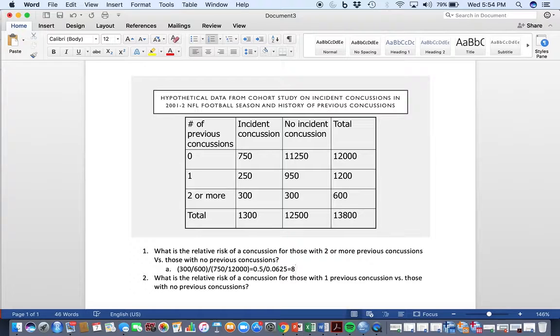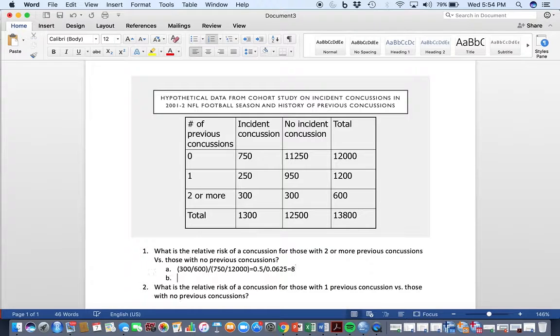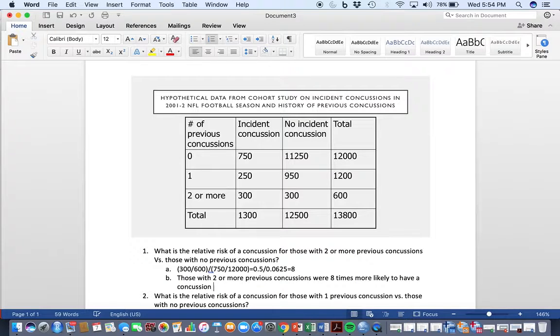And if we remember in class what we talked about, what that 8 means, it could mean that those with two or more previous concussions were 8 times more likely to have a concussion during the season compared to those with no concussion history.